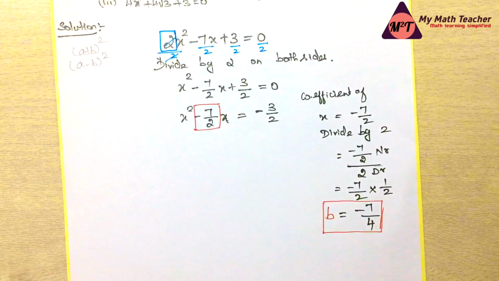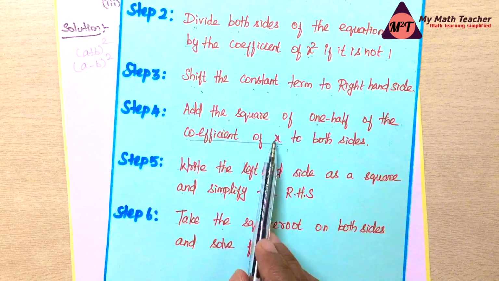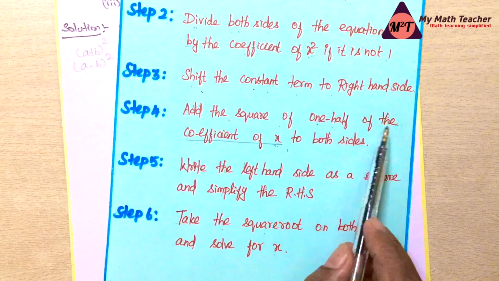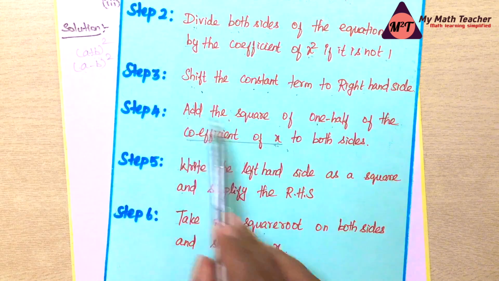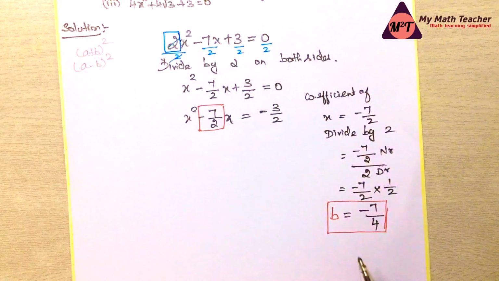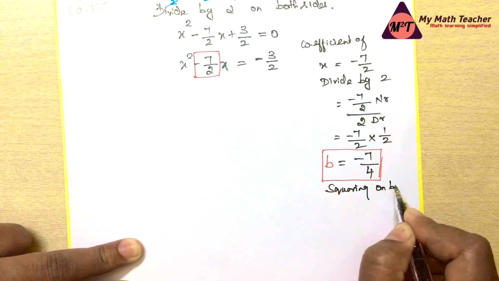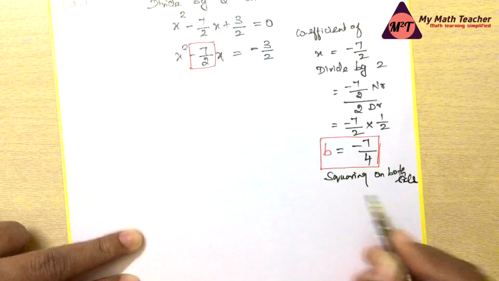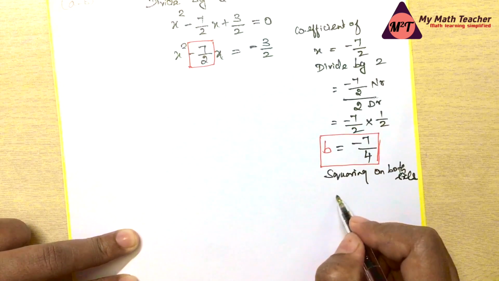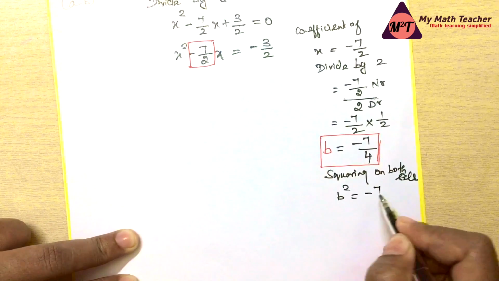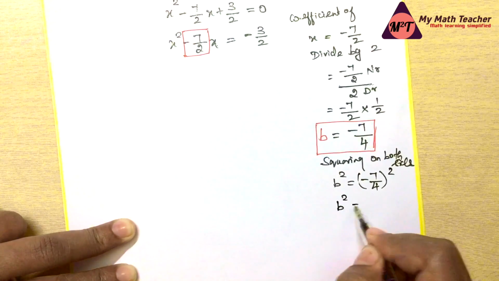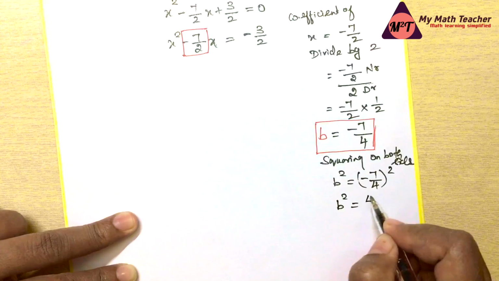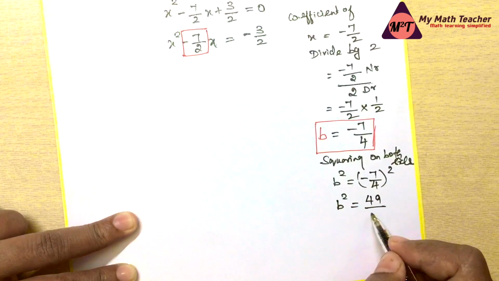So now let us move on to the next step, that is, here we have taken the coefficient of x and we have calculated 1/2 of the value. Now what we have to do is we have to square and add to both the sides. So let us square this. Squaring on both sides, it will be b square is equal to minus 7 by 4 square, which is b square is minus 7 square is 49 by 4 square is 16.